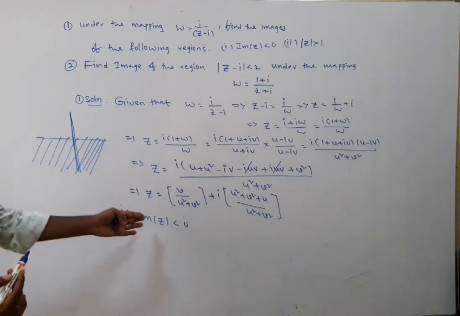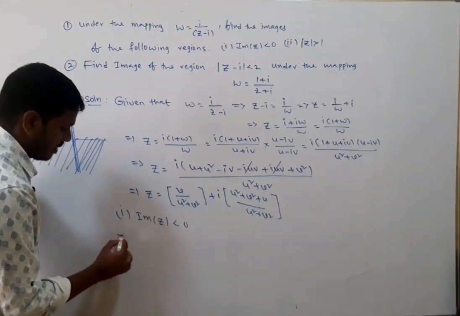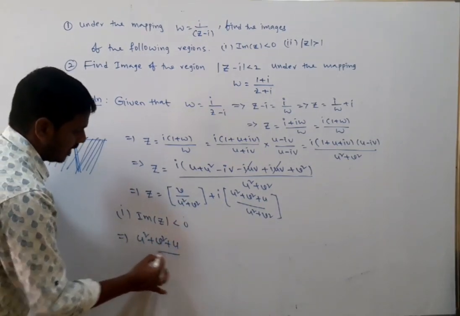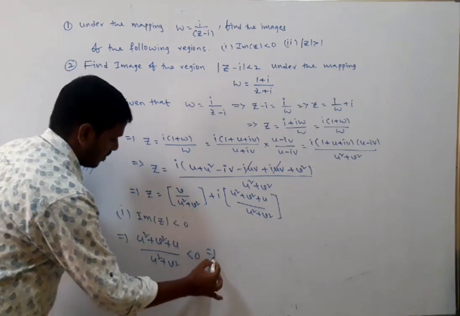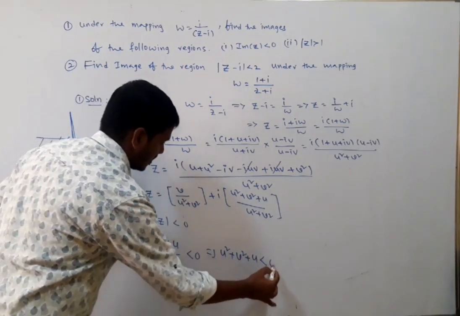So in this case, what is the imaginary part? This is our imaginary part in Z. So the imaginary part is u square plus v square plus u divided by u square plus v square, which is less than 0. That implies u square plus v square plus u is less than 0.